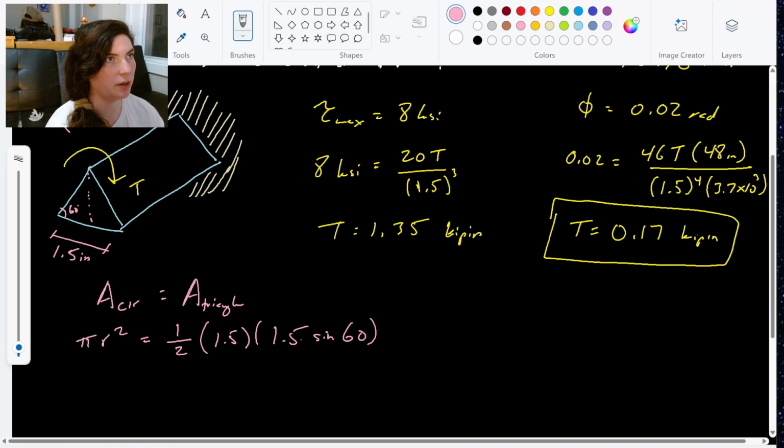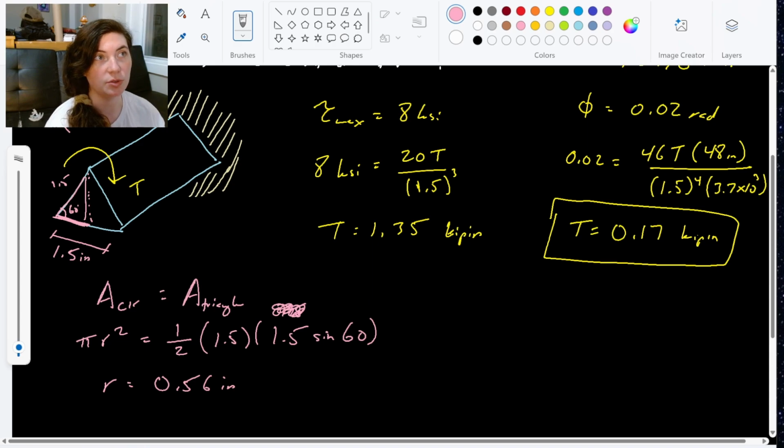Opposite over hypotenuse. The hypotenuse is 1.5 because it's an equilateral triangle, so 1.5 sine 60. Punching in my calculator to solve for R, we get a radius of 0.56 inches.